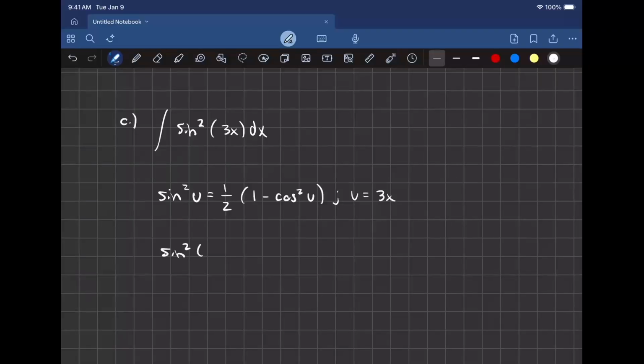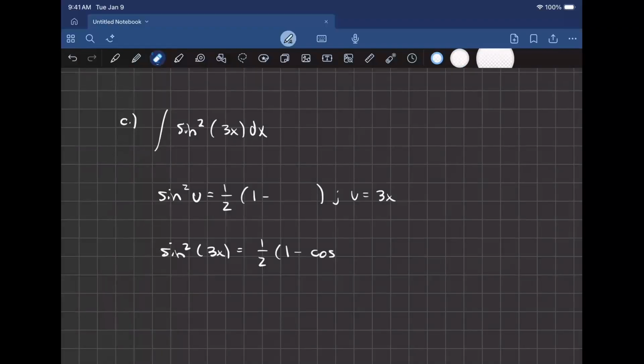Sine squared of 3x is just going to be 1/2 times 1 minus cosine. Oh, sorry, I messed up here. This isn't cosine squared, right? This is cosine of 2u. So cosine of 2 times u is going to be 6x, so we'll have cosine of 6x.